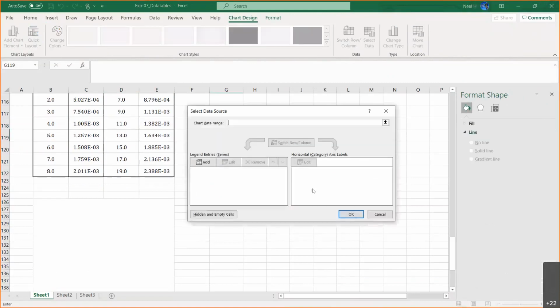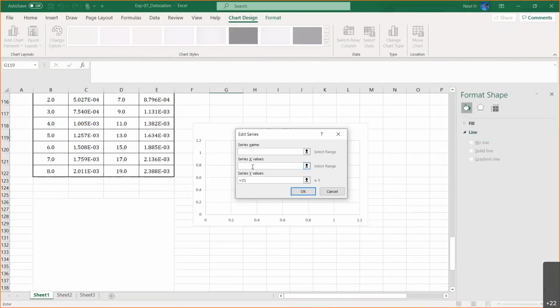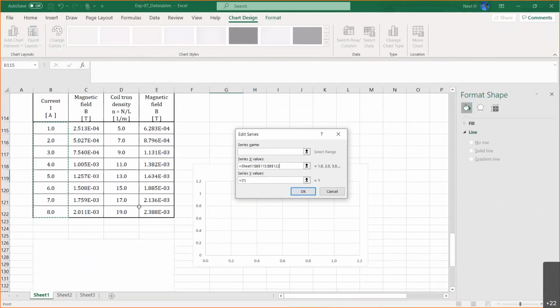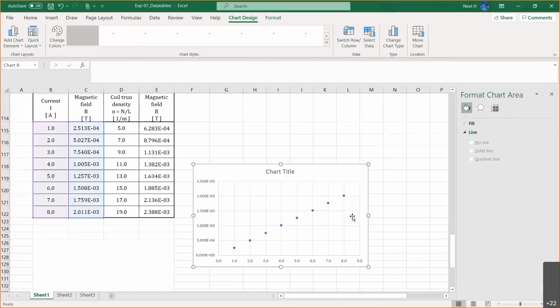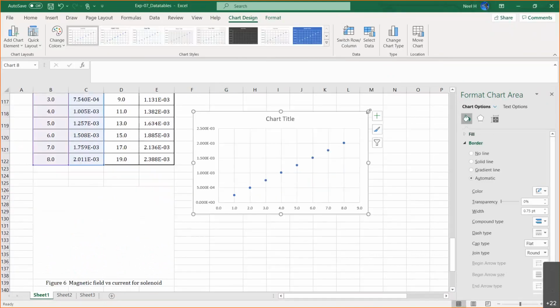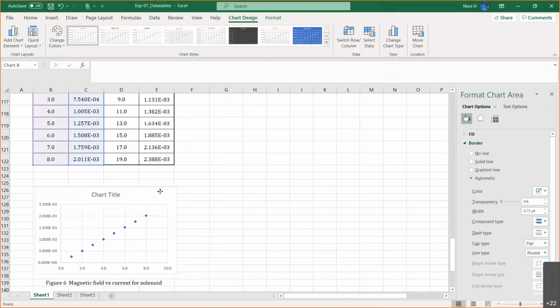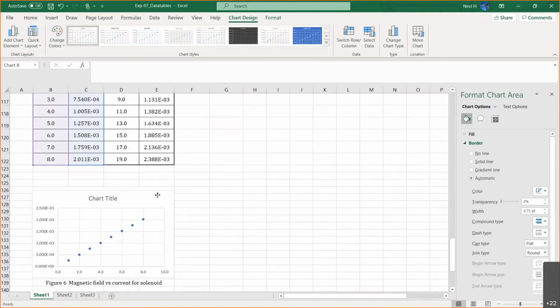Select data, add, X values should be my current in table number 7. And the Y values should be the magnetic field. And click OK, that is linearly increasing. We could calculate mu 0 again, since we did that earlier, but we don't have enough time to do that.